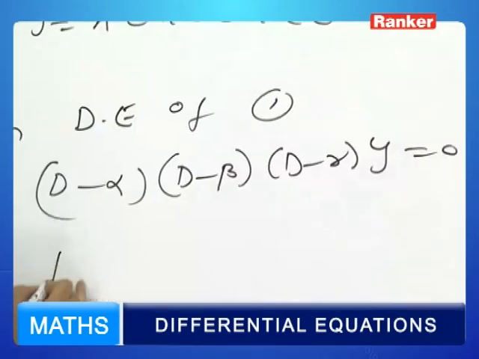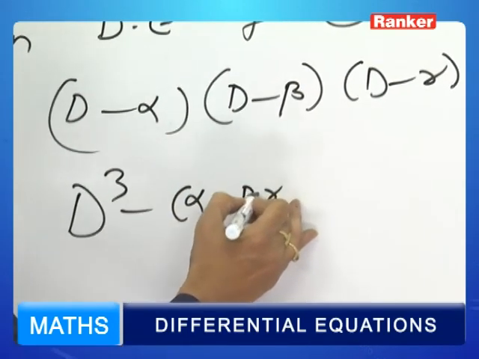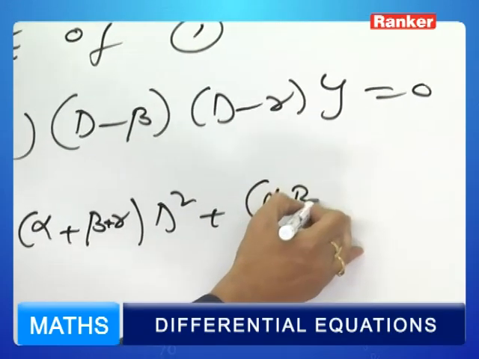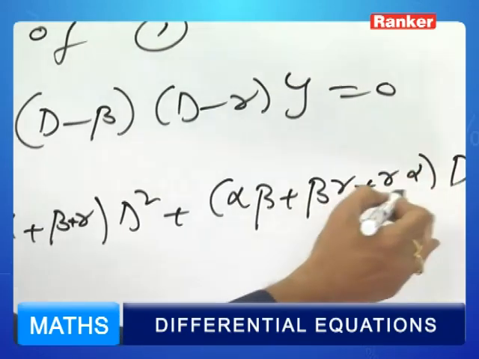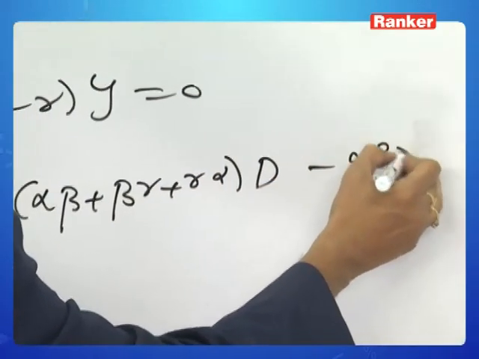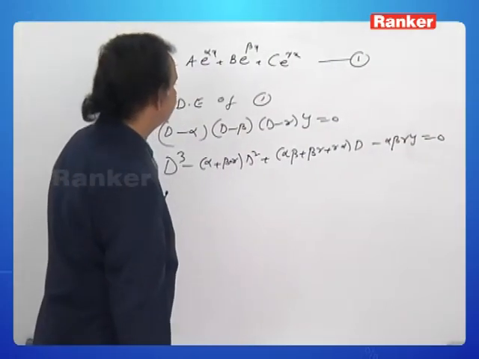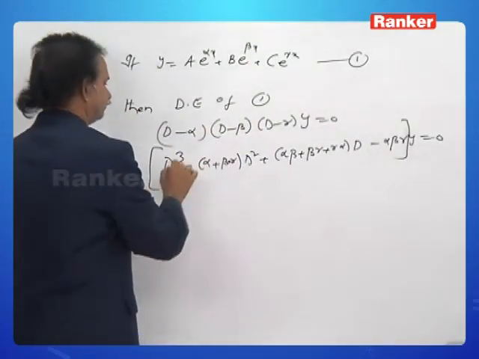That is d cube minus alpha plus beta plus gamma into d square plus alpha beta plus beta gamma plus gamma alpha into d minus alpha beta gamma of y is equal to 0.